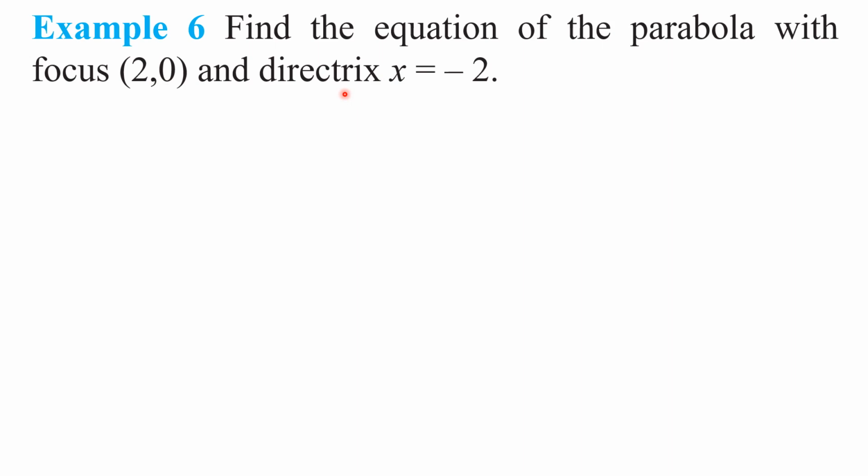From the equation of the parabola, we found the focus, axis of the parabola, equation of the directrix, and the length of the latus rectum. Yes or no, my children? Now, in this example, we have to find the equation of the parabola with the help of the focus and directrix of the parabola. Okay, my children, understood this point?